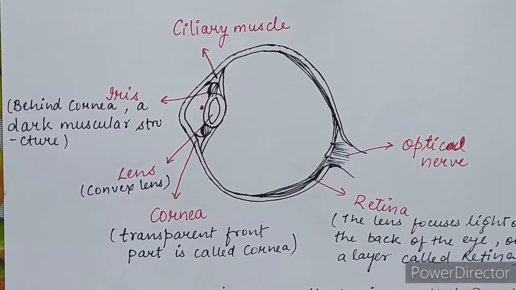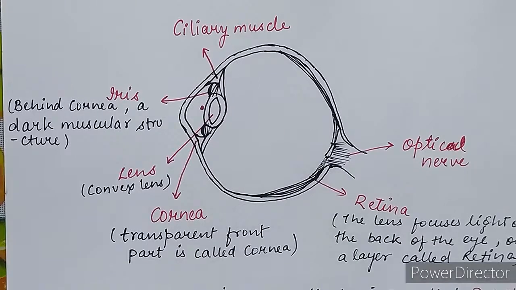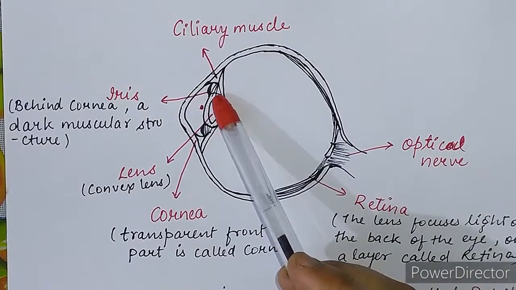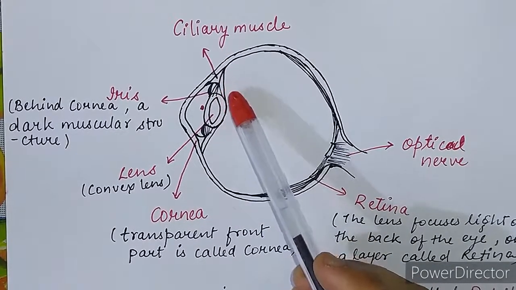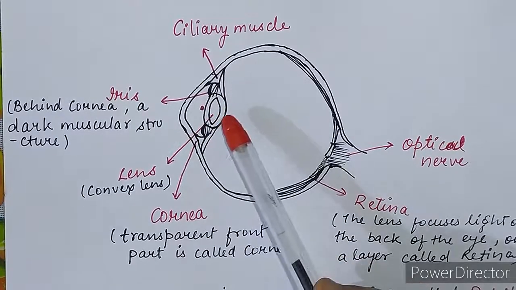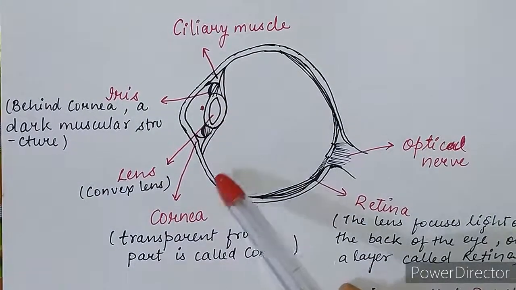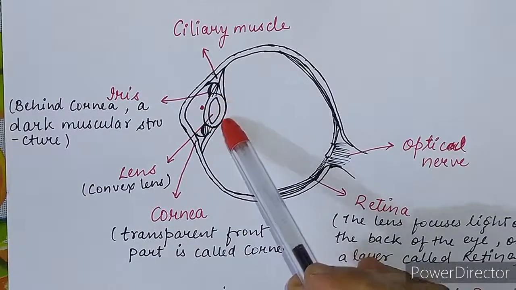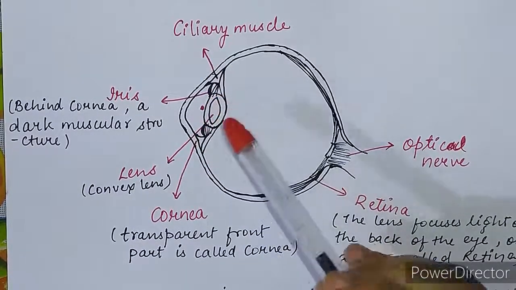So the iris controls the amount of light entering into the eye, and the adjustment of the lens is done by the ciliary muscles. Ciliary muscles control the extension or contraction of the lens.